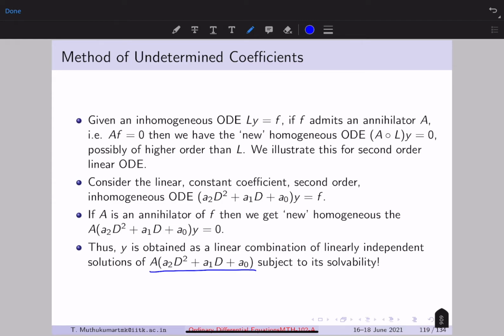That's how we have seen it: for a homogeneous equation, the dimension of the solution set is the order of the operator. In this case, the order is 2 plus the order of A. So the solution that you will get will be a linear combination of that many linearly independent solutions, which is the order of this differential equation.